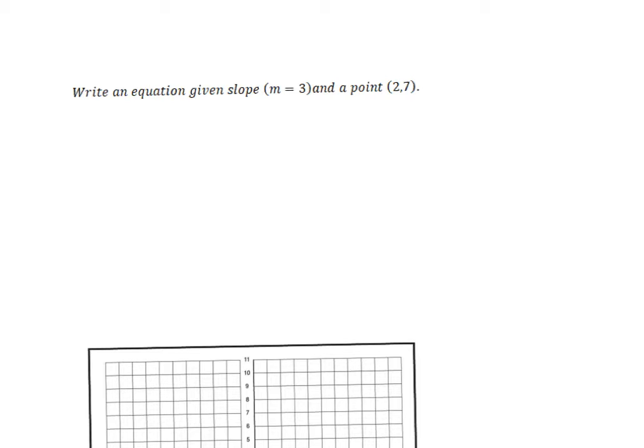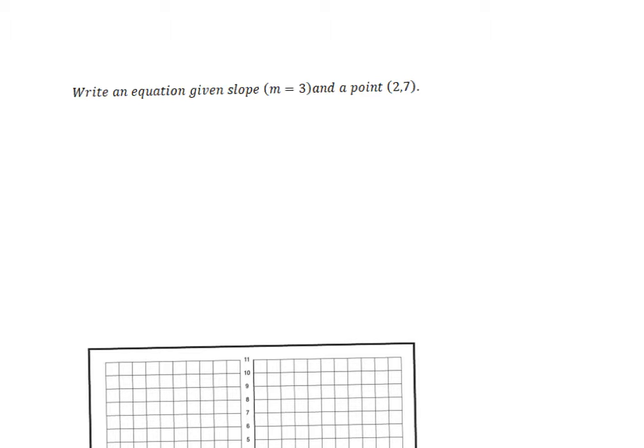So in this video, we're going to learn how to write an equation of a line given a slope and a point. And again, just to remind you about the slope, it describes the steepness of a line, how steep a line is.